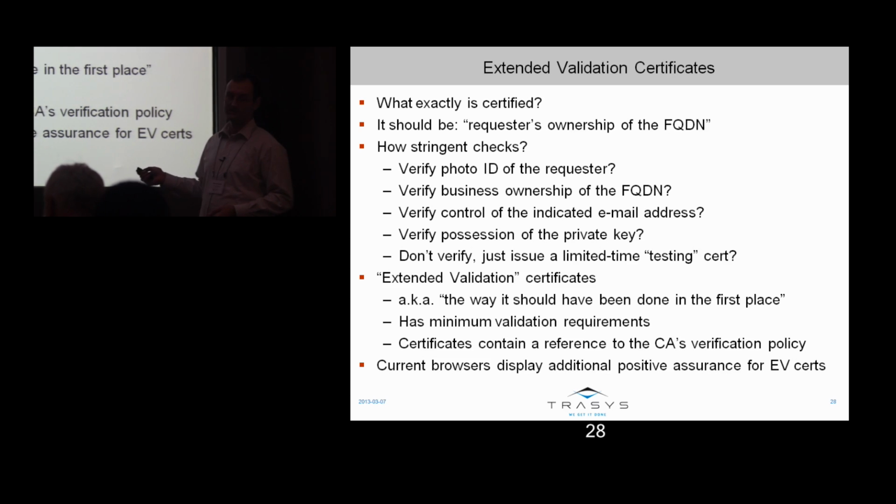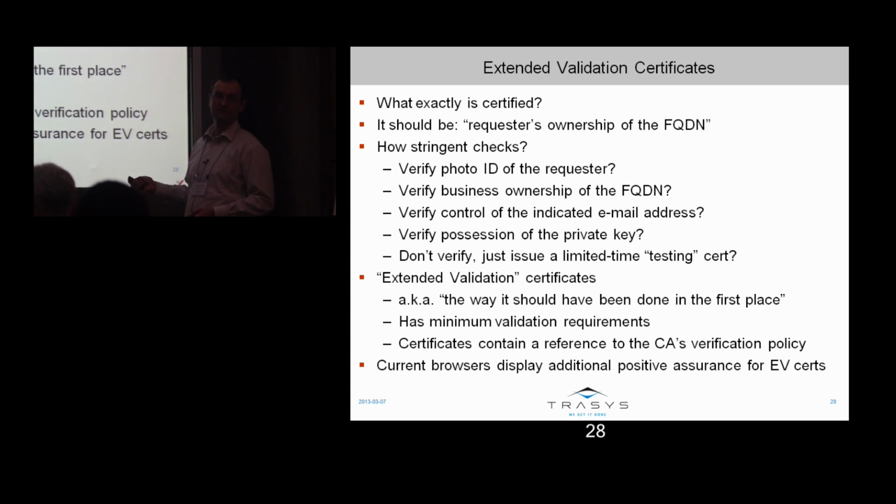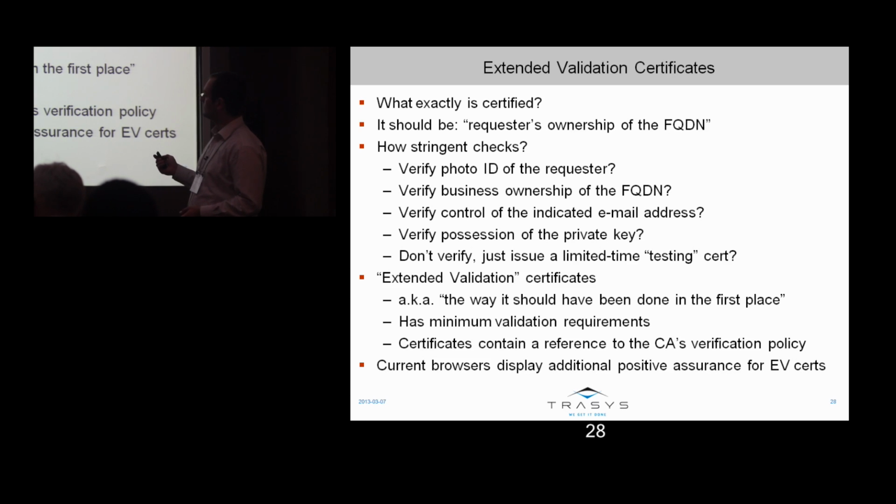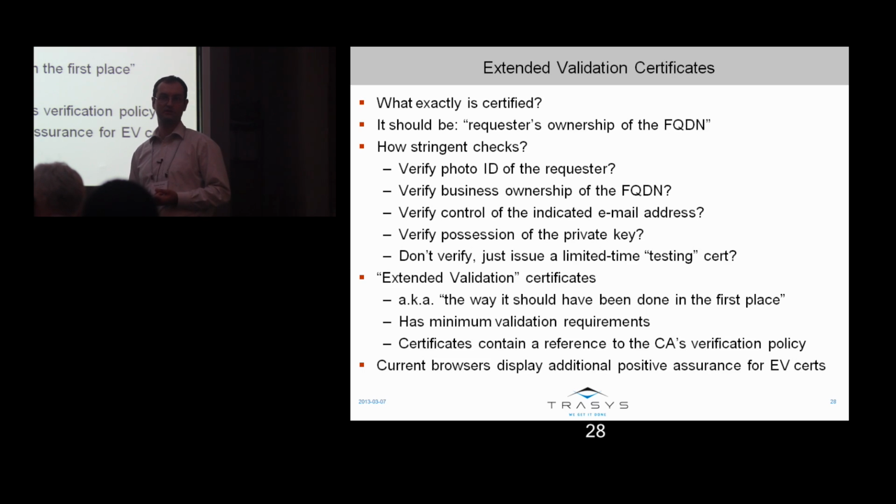And you can only get an extended validation certificate if you pass this validation procedure, and if the certificate is going to have an explicit link to what validation policy was used, and if there are certain extensions present there which are assigned to different CAs.